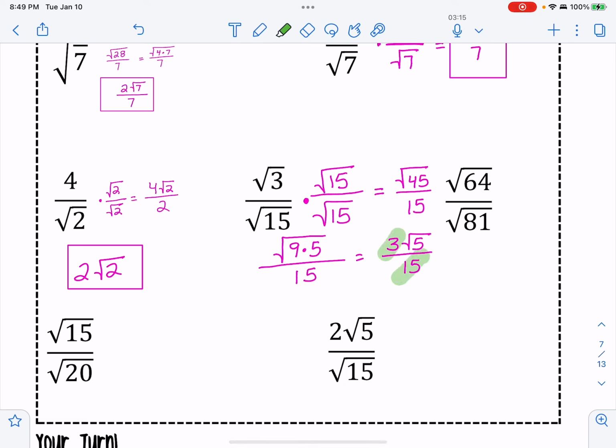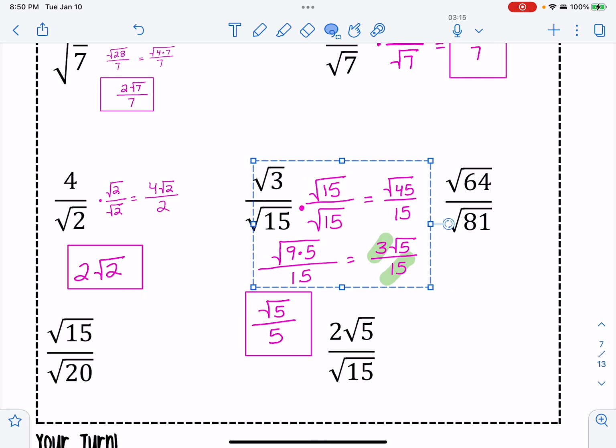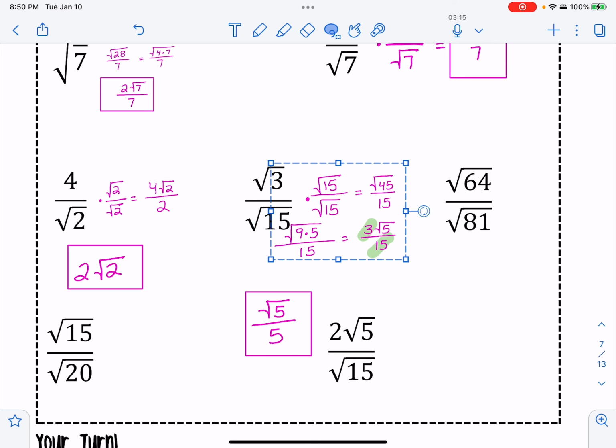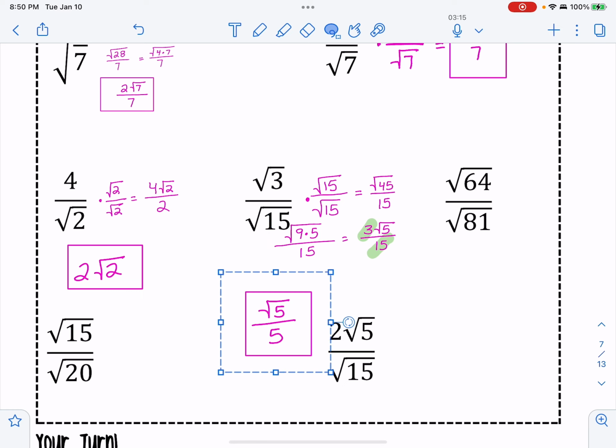So there's a 3, there's a 15, and that 3 will cancel, or reduce rather, and the 15 will reduce to 5. So I'm left with square root of 5 over 5. That's my final answer. And I'm going to minimize all of this scratch work, because I'm running out of space.